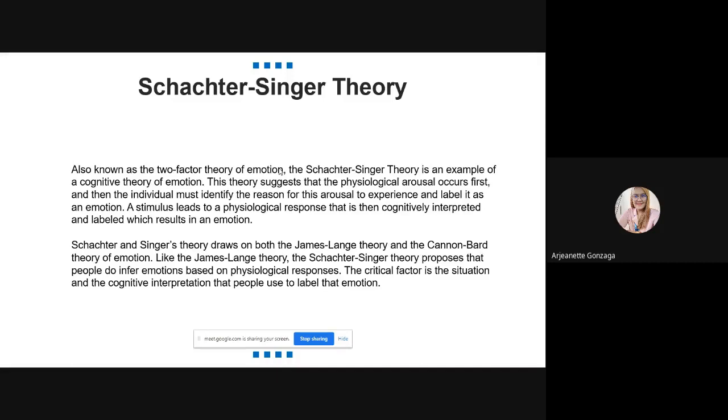So like the Cannon-Bard theory, the Schachter-Singer theory also suggests na similar physiological responses can produce varying emotions. So for example, if you experience a racing heartbeat and sweating palms or namamawis yung kamay mo during an important math exam, you will probably identify the emotion as anxiety.